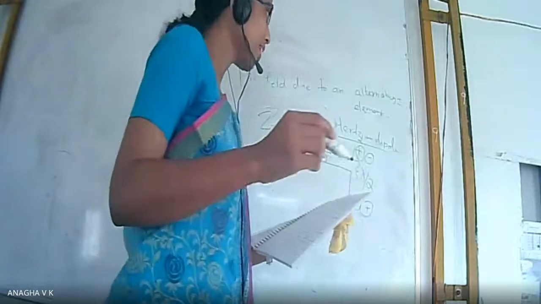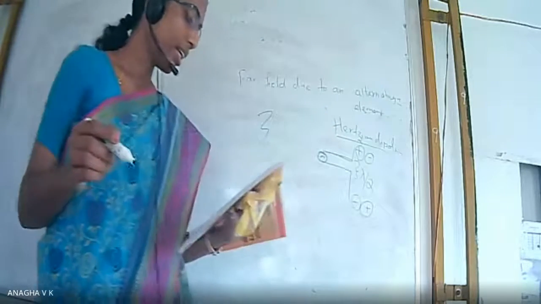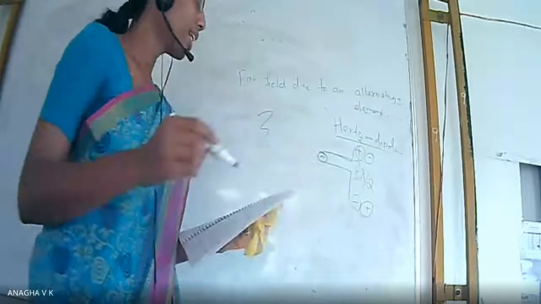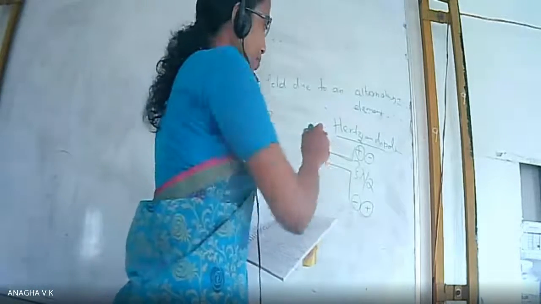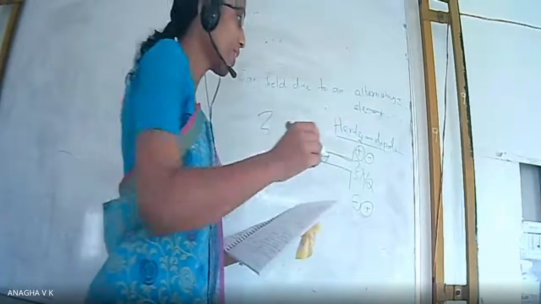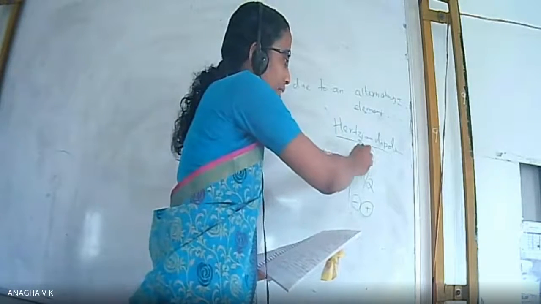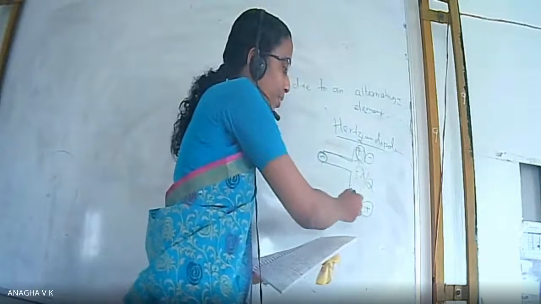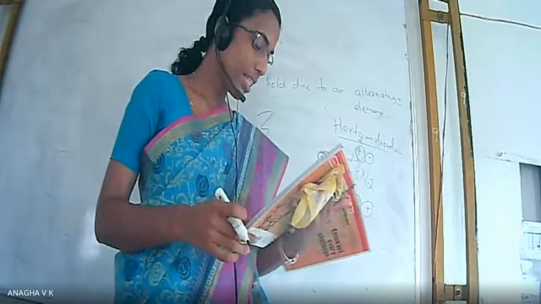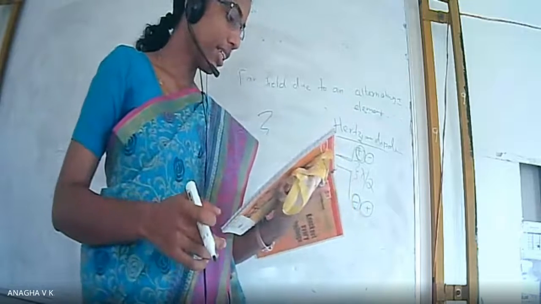So it is a Hertzian dipole, or simply a dipole, or an oscillating dipole. Why is it termed an oscillating dipole? Because the alternating current induces an oscillating potential here. So this is what is meant by a Hertzian dipole.